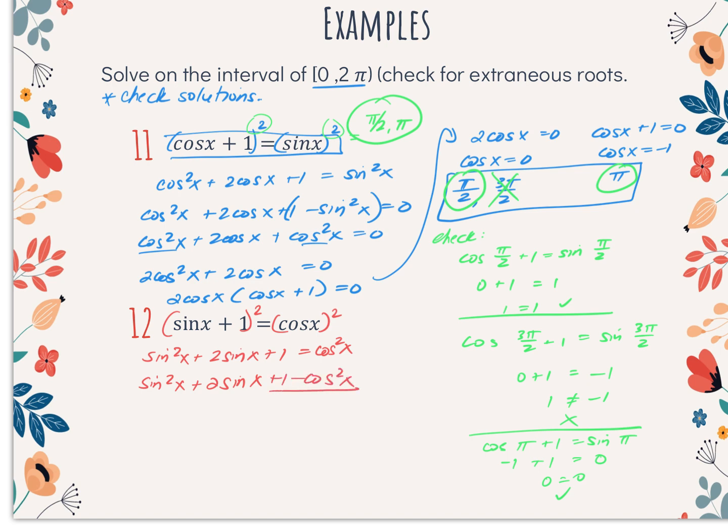I know that 1 minus cosine squared x is sine squared x. So sine squared x plus 2 sine of x plus sine squared x. This combines to 2 sine squared x plus 2 sine of x.